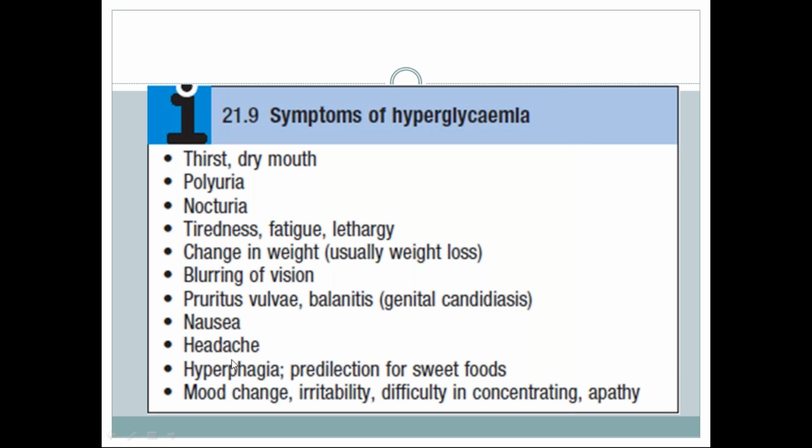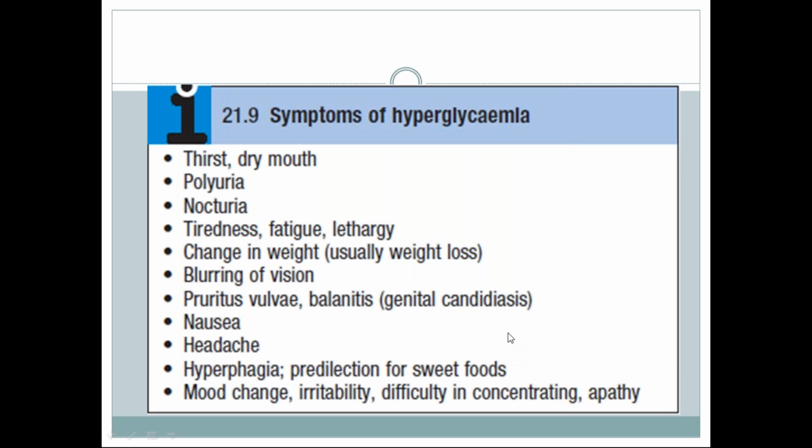It is prolonged hyperglycemia. There may be nausea, headache, or sometimes mood changes such as irritability, difficulty in concentrating, and apathy. Apathy means being disinterested in doing anything. And sometimes hyperphagia and predilection for sweet foods.